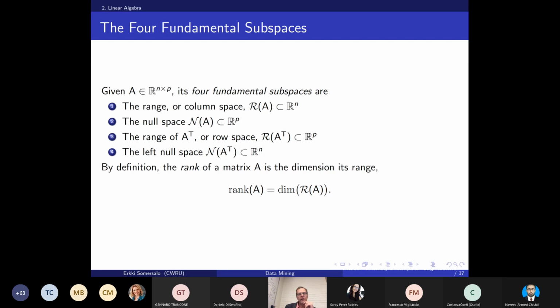You can say it another way: it is the maximal number of linearly independent column vectors of A. Those are equivalent ways of defining the rank of A. Another way of saying it is the dimension of the range of A. So you give me a matrix, and I check how many linearly independent columns my matrix has, and that's the rank of A. That's the definition of rank.